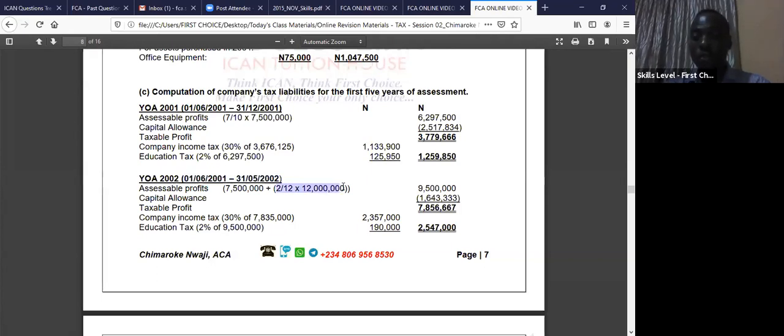That is where we're getting the second 2 months. But the 10 months is given to us. So when we add 2/12, whatever we get, we add it to 7,500 to give us 9,500,000. Now bring your capital allowance.